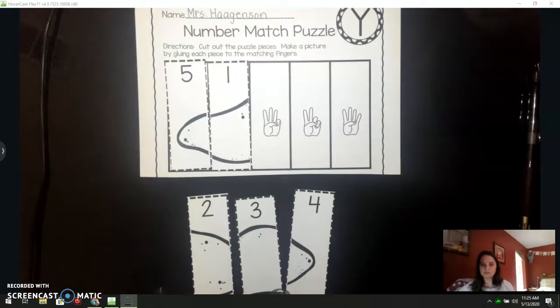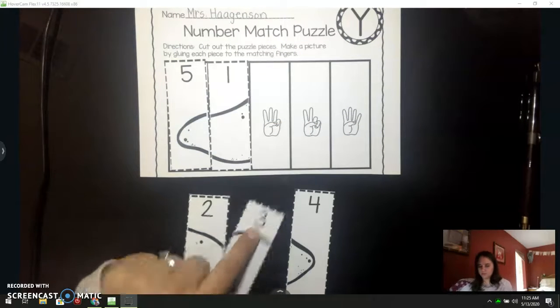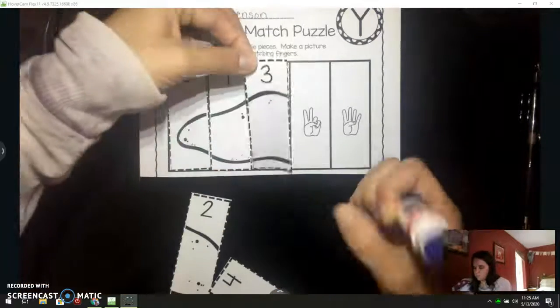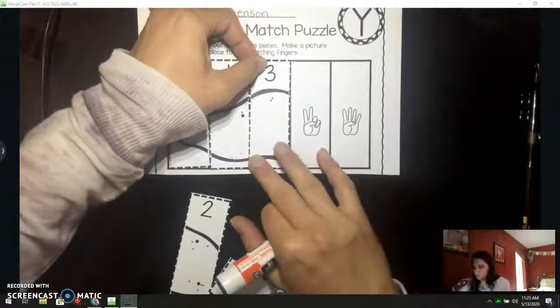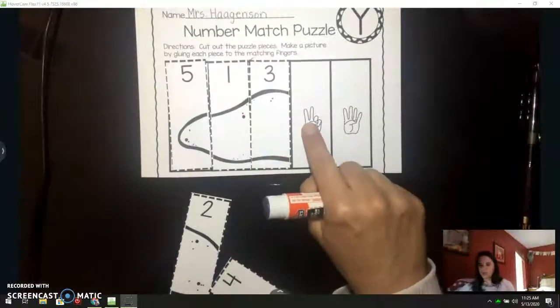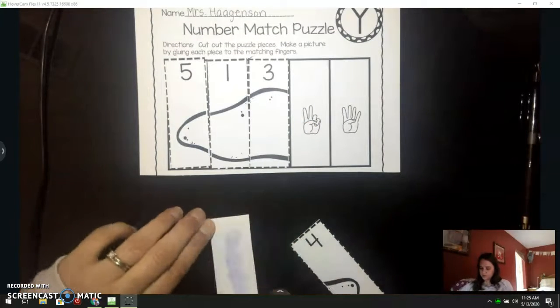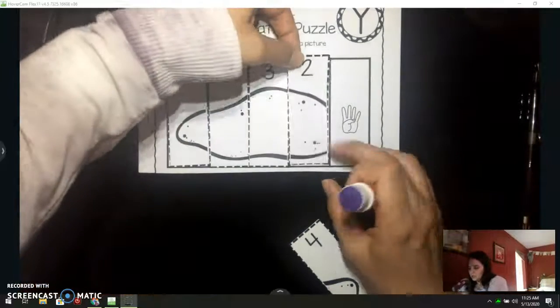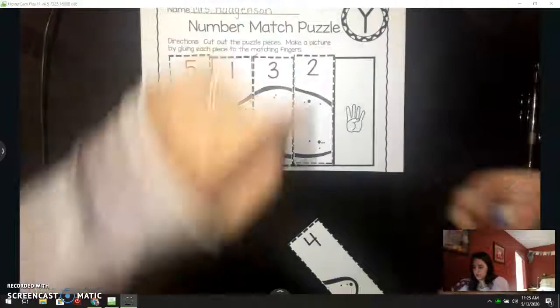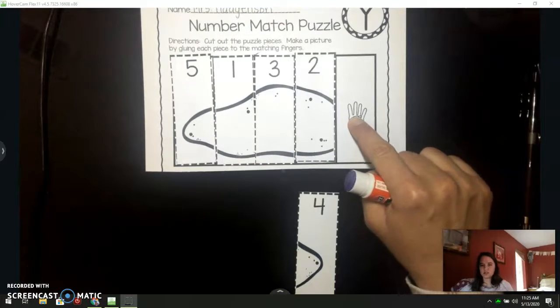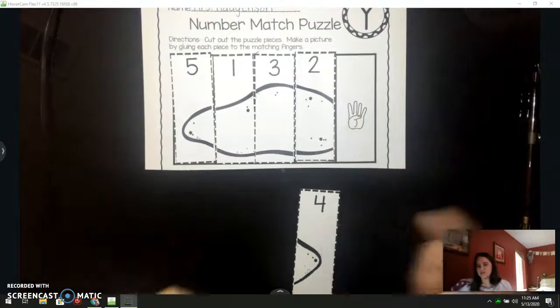Find 3. This is 3. How many fingers? Yes, 2. And our last one, the fingers, 4. This says 4.